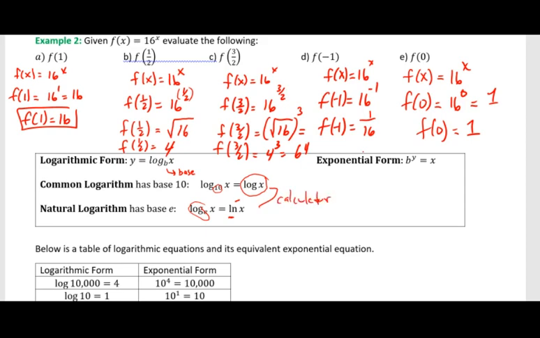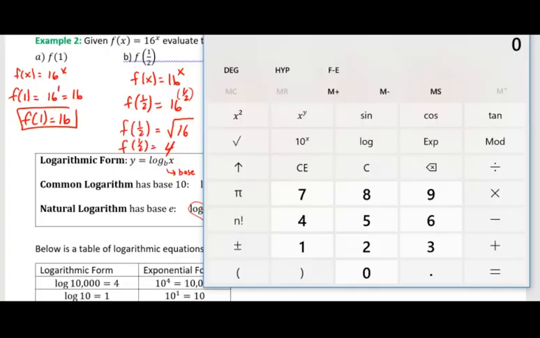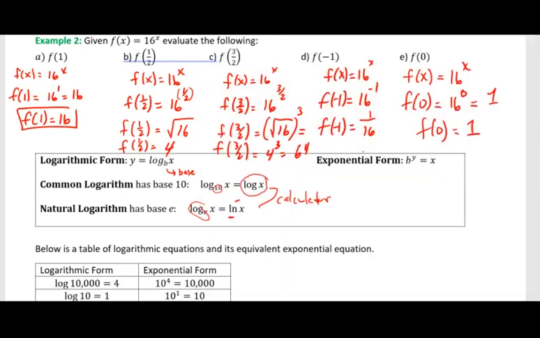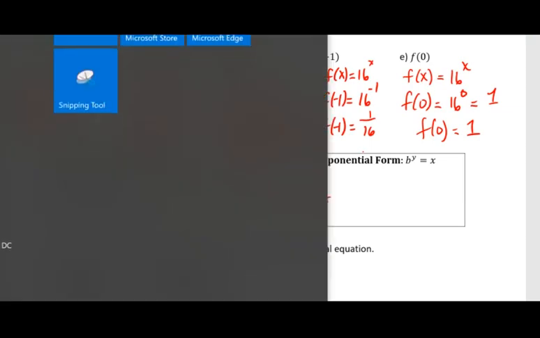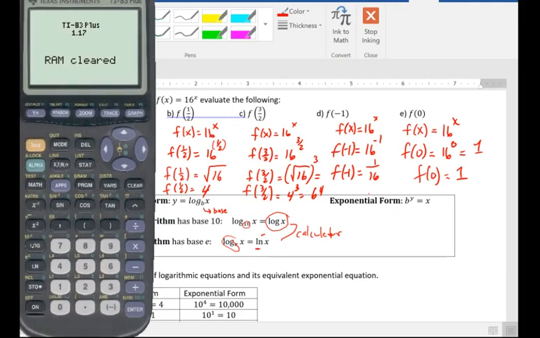So for example, let me show you the calculator here. So here's my log key. And then the natural log, we would do second natural log. Or if you have a graphing calculator, you'll see the log right here.